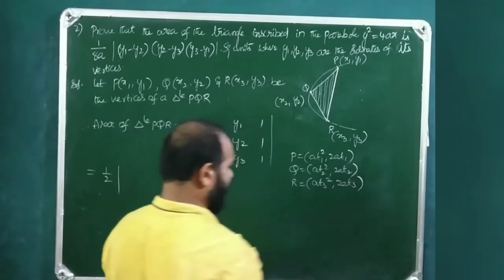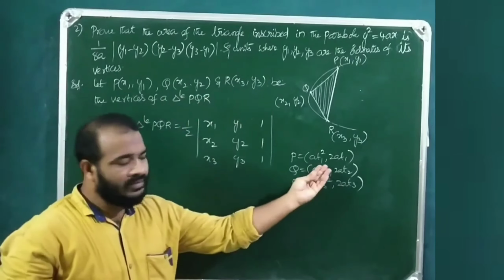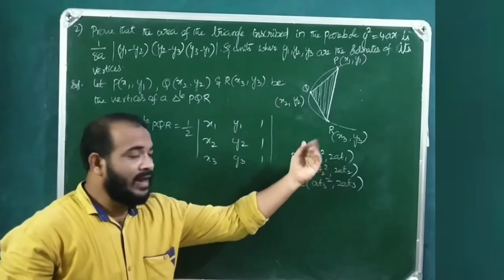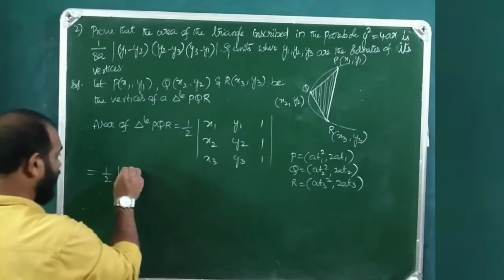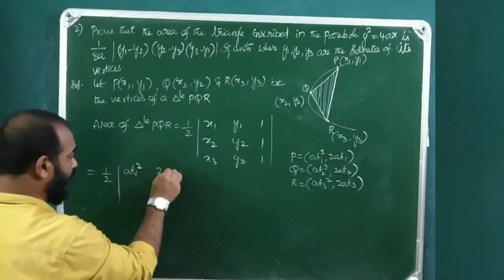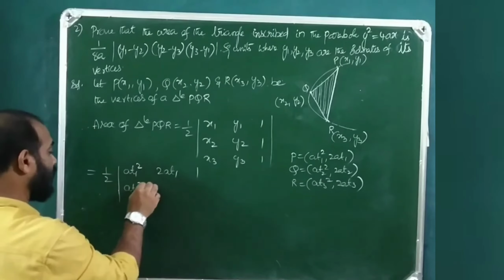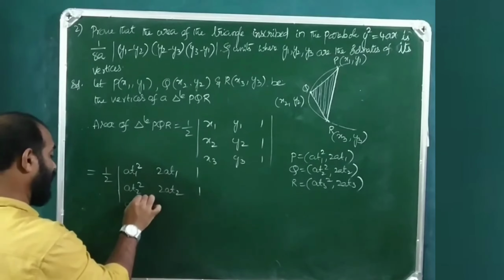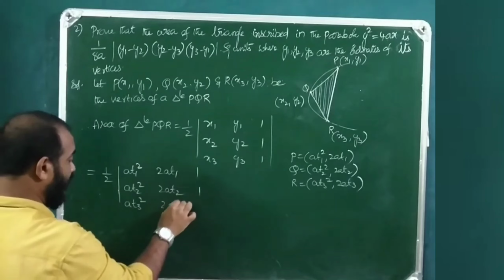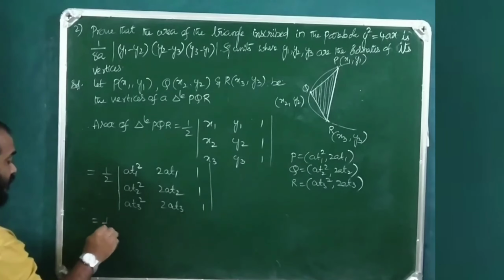Without loss of generality, instead of the Cartesian point we can take the parametric point as well. So now half into the determinant at1 square, 2at1, 1; at2 square, 2at2, 1; at3 square, 2at3, 1. This is equal to half into.